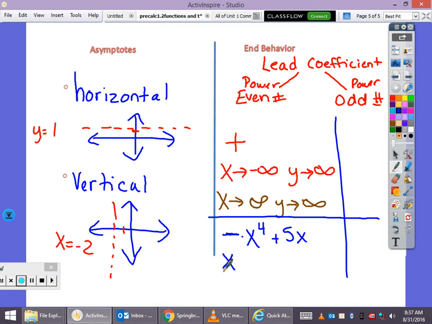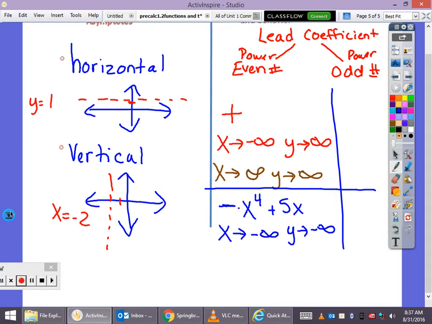So, as x is heading towards a negative number, let's say x is negative 2. Negative 2 to the fourth power is going to be 16. But then I have to multiply it by this negative 1, making it negative. So y would go towards negative infinity.